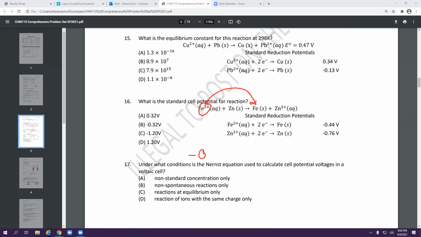So 0.44 minus negative 0.76 plus. What do you get? It's pretty easy because you have to get a positive number, right? So I eliminate all of them. The reason why all the answers are negative, or except D technically, is to trick you. You have to go cathode minus anode, or reduction minus oxidation.